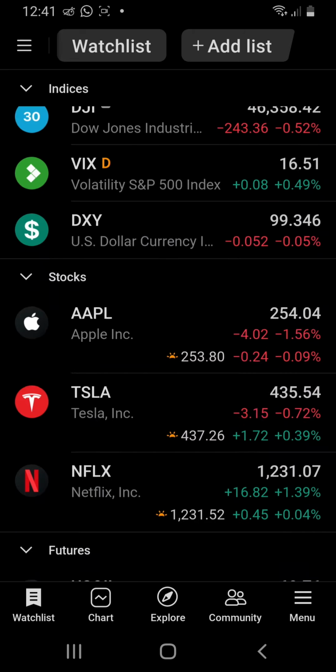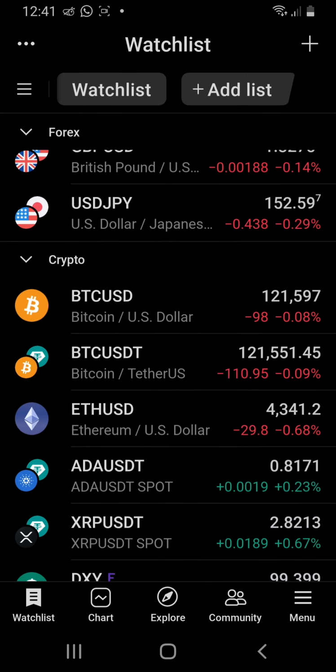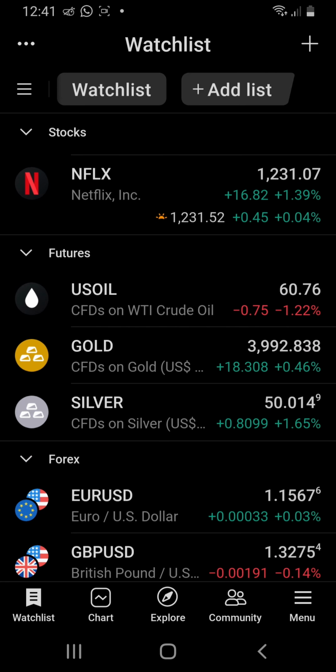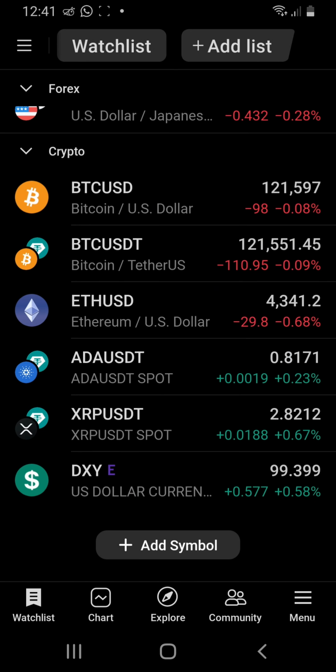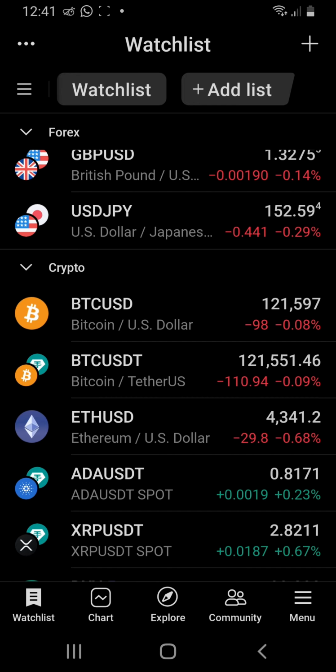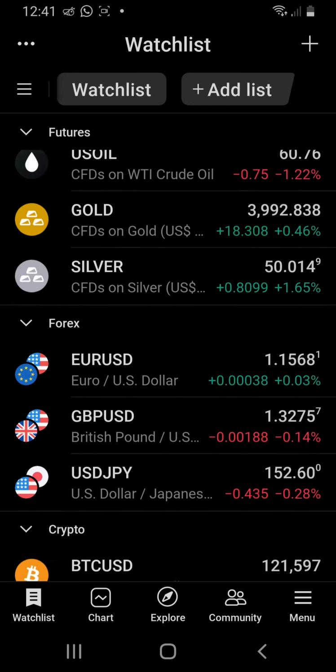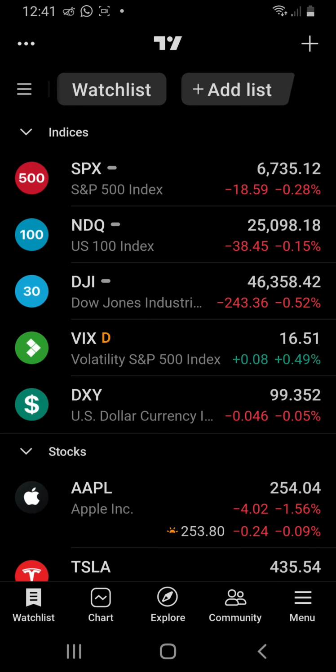So I will just add them here. It's not that anytime I come I have to search for the coin; I will just see it here. The watchlist will stand like this, so that anytime I want to enter a trade, I will just pick the actual thing I want to trade.